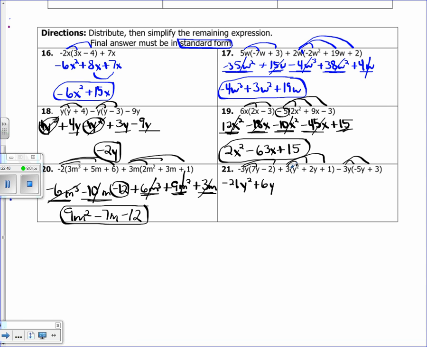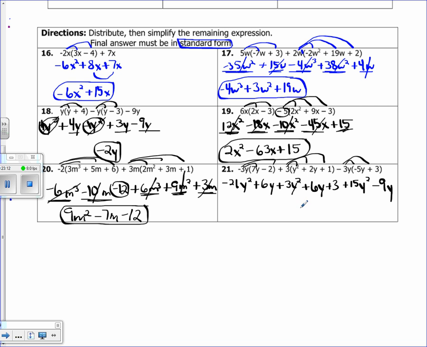This next one should be pretty easy. We're just multiplying by 3, so that'll be 3y squared plus 6y plus 3. And then we're going to distribute a negative 3y, so negative times a negative is positive. And there's 2 y's there, so y to the second. Negative times a positive is negative 9y.